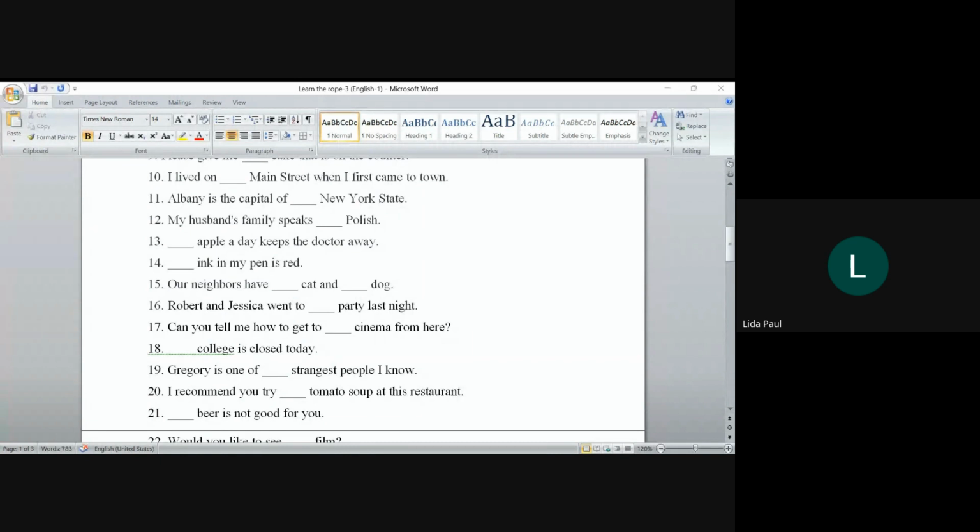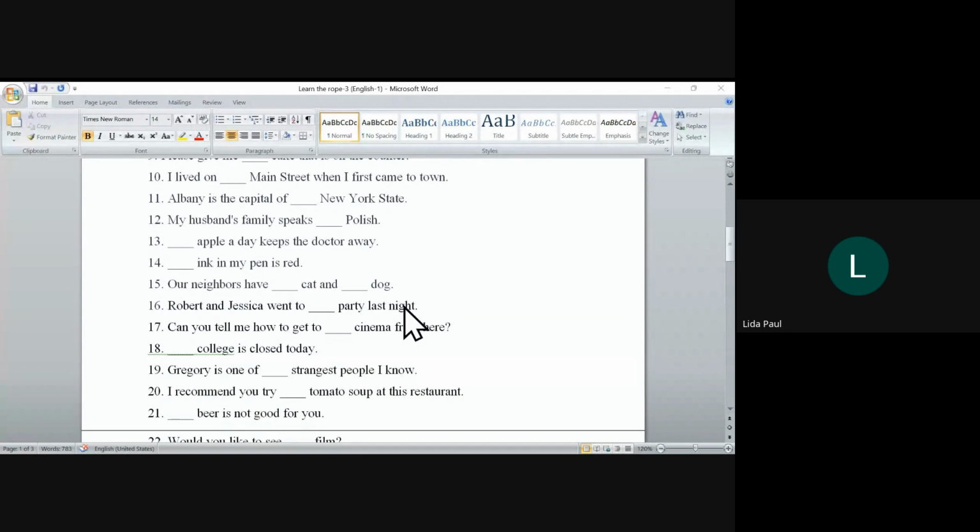Okay. Next one: dash ink in my pen is red. This is specific, right? The ink in my pen is red, because you're talking specifically about the ink in my pen.